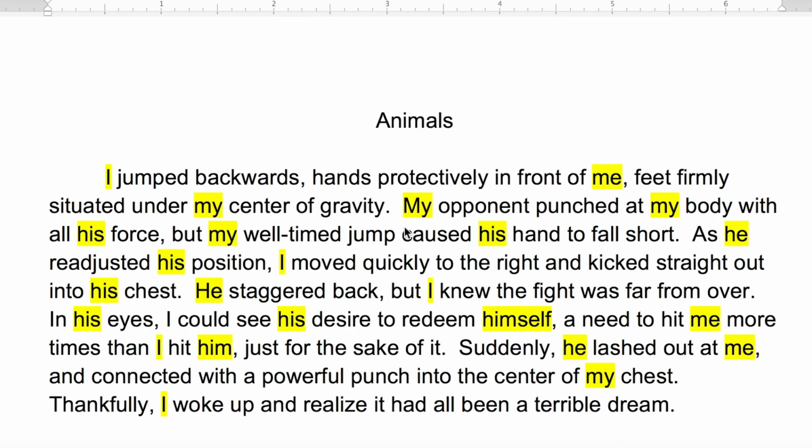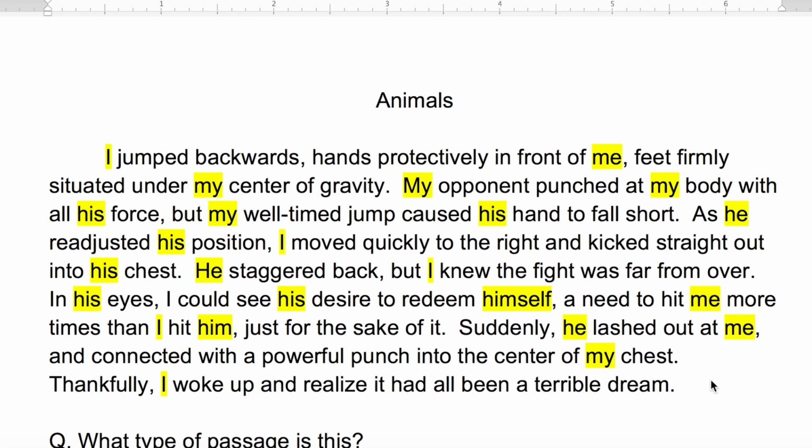Now I want to show you an example of a narrative passage. Hopefully you'll remember that I said if a passage has a lot of personal pronouns, and I've highlighted them, I, my, his, he, is, himself. And this passage in particular, it has the feel of a personal story.